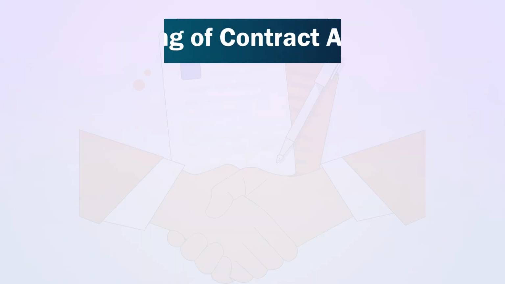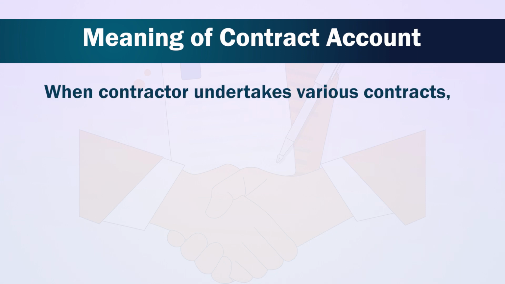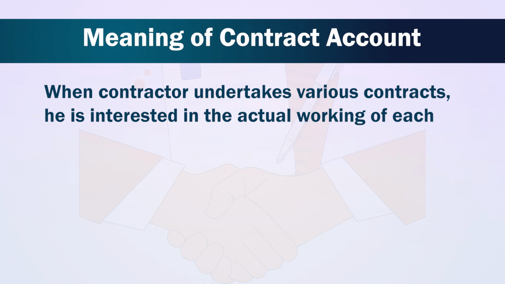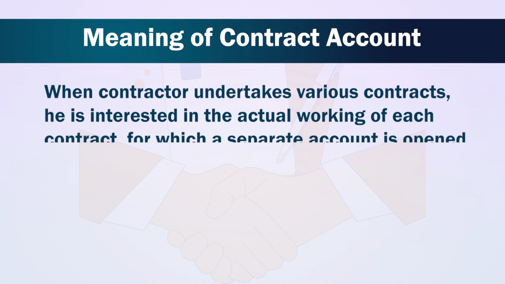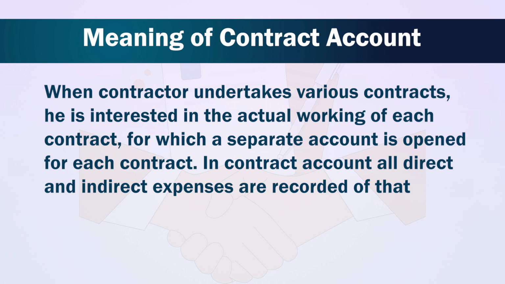Let's understand the meaning of contract account. When a contractor undertakes various contracts, he is interested in the actual working of each contract, for which a separate account is opened for each contract. In the contract account, all direct and indirect expenses of that respective contract are recorded.